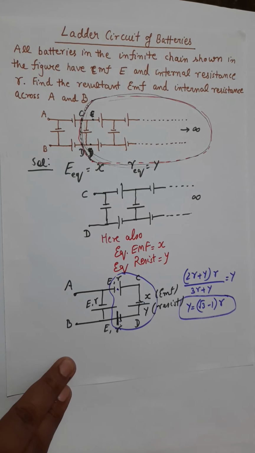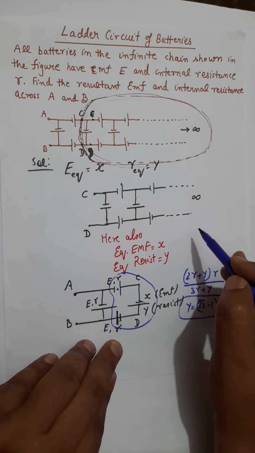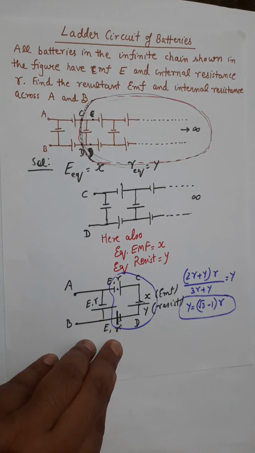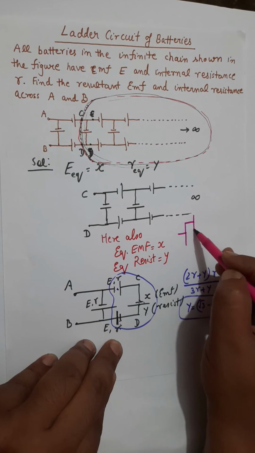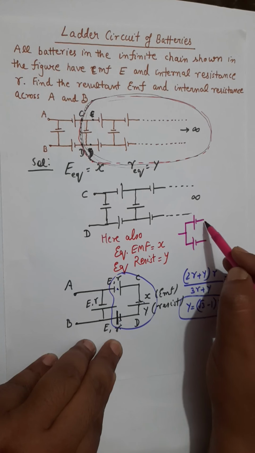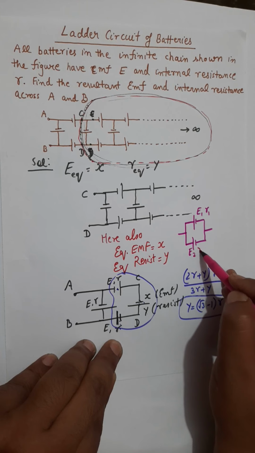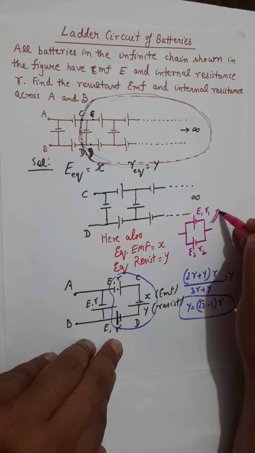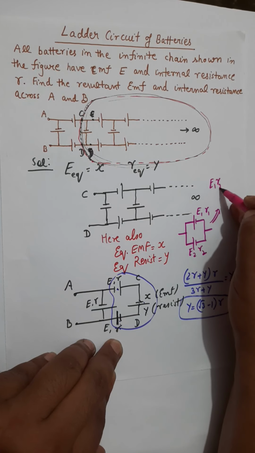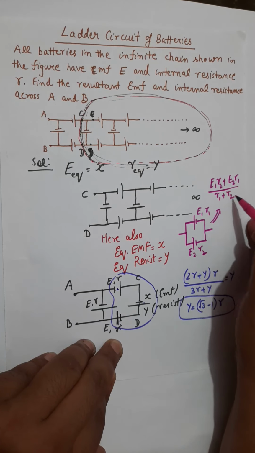For equivalent EMF, we need to recall one concept now. So let me recall that concept for you. If you have two batteries in parallel combination, having EMF E1, resistance R1, EMF E2 and resistance R2, then the equivalent EMF for them is (E1 R2 plus E2 R1) over (R1 plus R2).